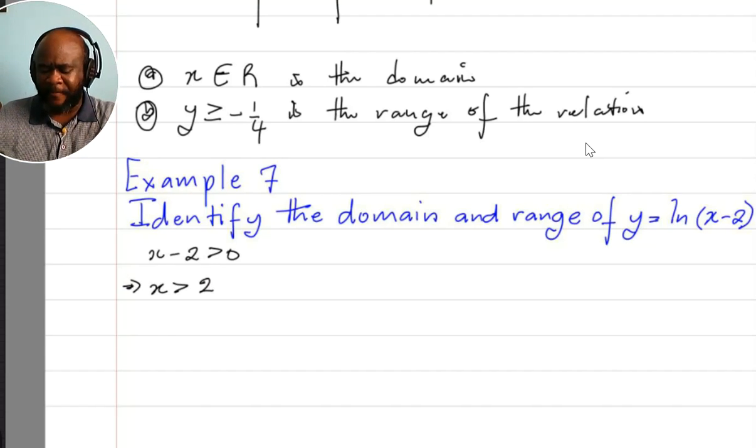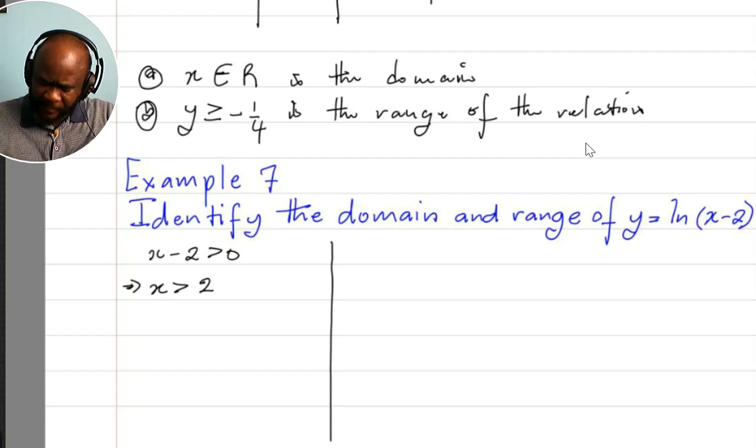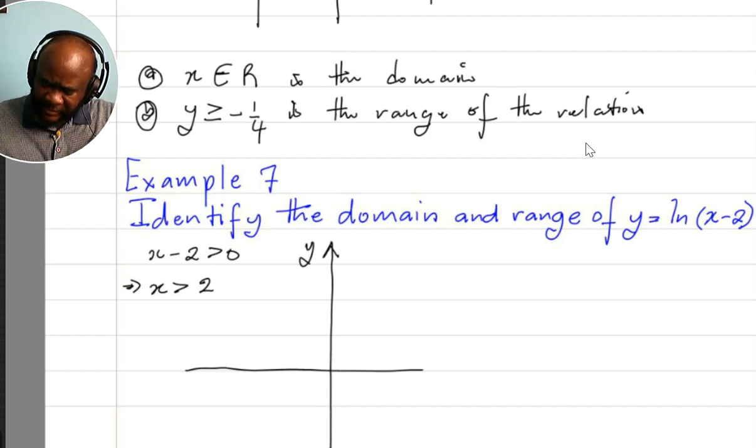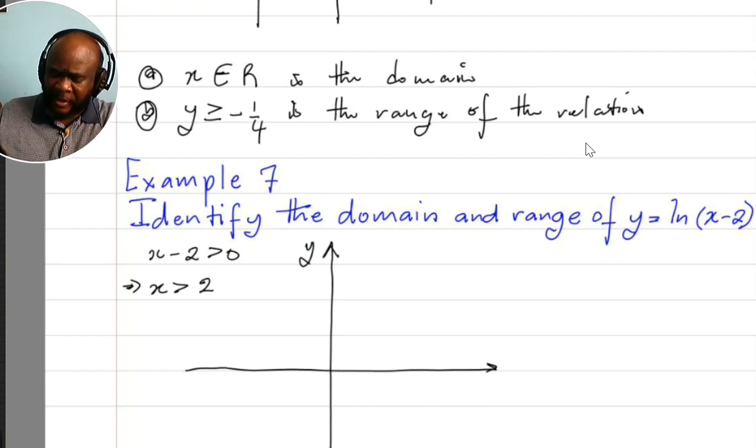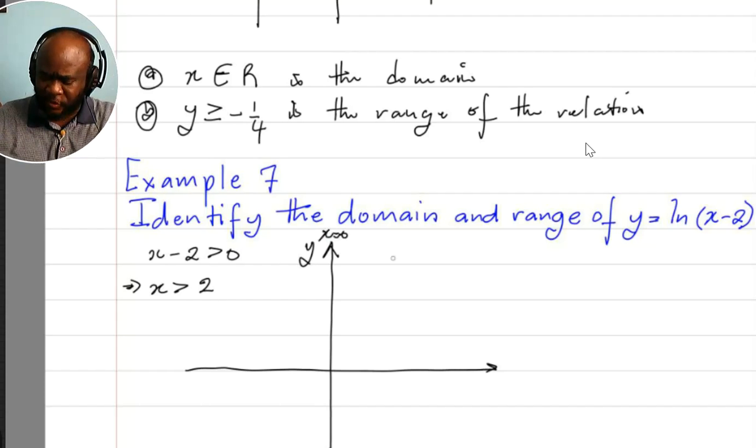We should remember what the graph of y is equal to ln x looks like. The graph looks like this. This is my y-axis, the x-axis. Now for this graph, x is equal to 0 was the asymptote. But now x is equal to 2 is the asymptote.